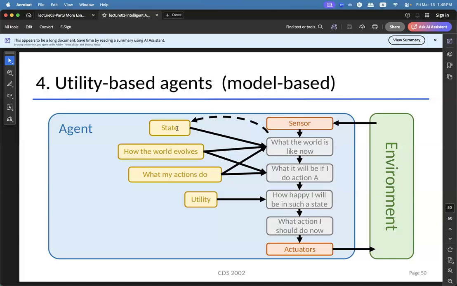And we are taking actions to keep on changing the values of the state, or those factors, such that we can find a state that optimizes our goal, our objective.